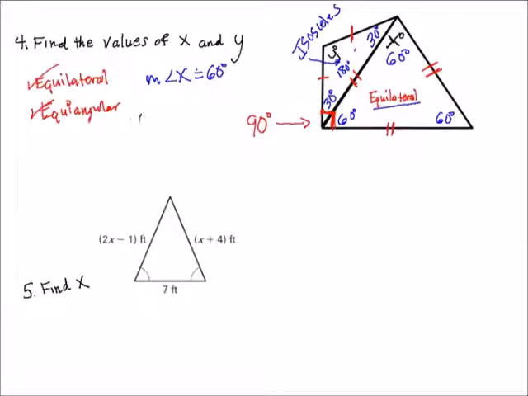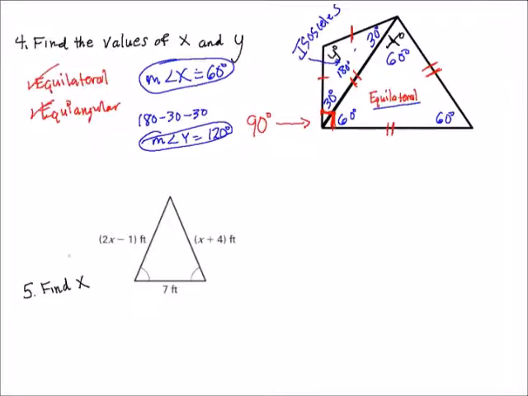So 180 minus 30 minus 30 means the measurement of angle Y has to be equal to 120 degrees. So here's angle X, and here's angle Y.